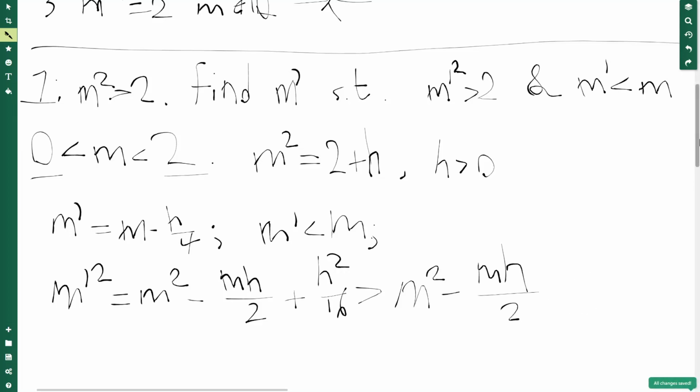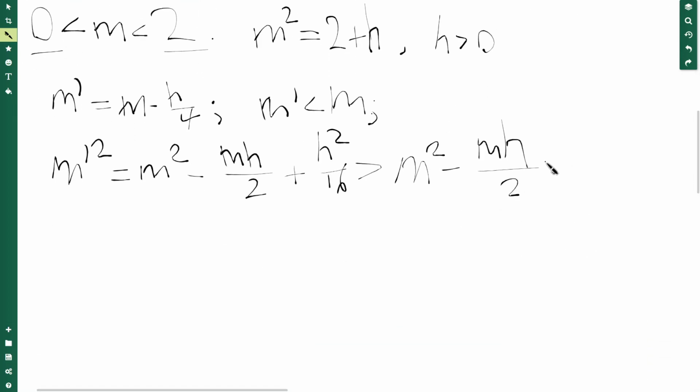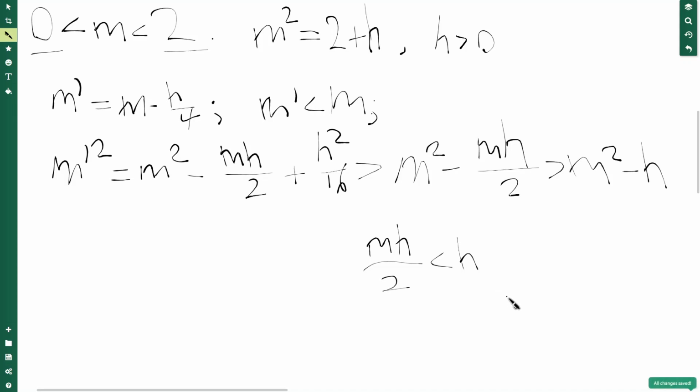Now we want to show that this is actually greater than m squared minus h. And to show that, let's just show that minus mh over 2 is greater than minus h.